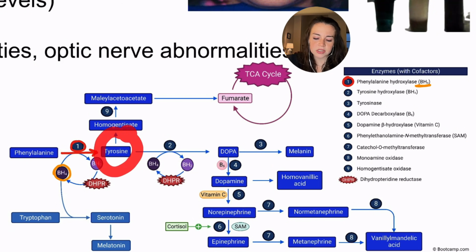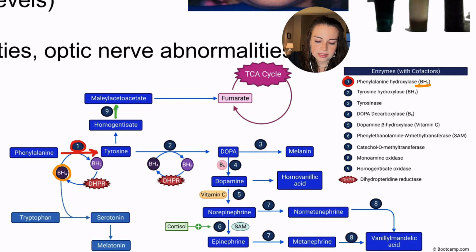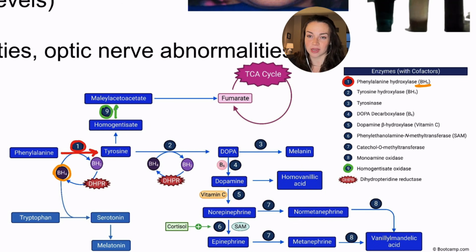Once we had formed tyrosine, we could split into two pathways. The first is the TCA cycle pathway, which notably included enzyme 9 over here, homogentisate oxidase. Or our other branch point from tyrosine was this dopamine and catecholamine pathway. One enzyme I'll draw your attention to for the sake of this video over here in that branch point is enzyme 3 here, which is tyrosinase, which turns dopa into melanin.